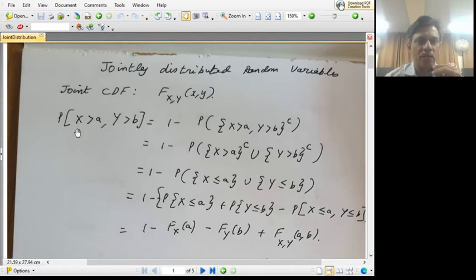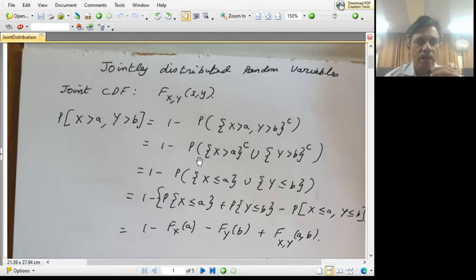That is 1 minus the probability that (X greater than a, Y greater than b) whole complement. So we are finding the complement of this event, and 1 minus that probability will be equal to the probability of this event.